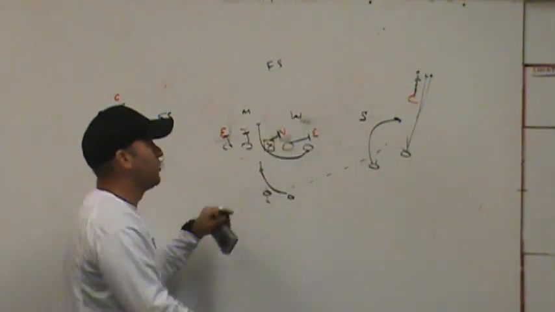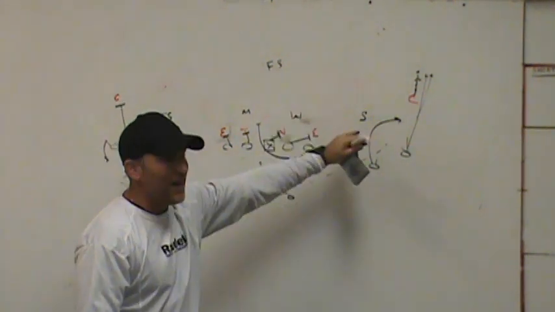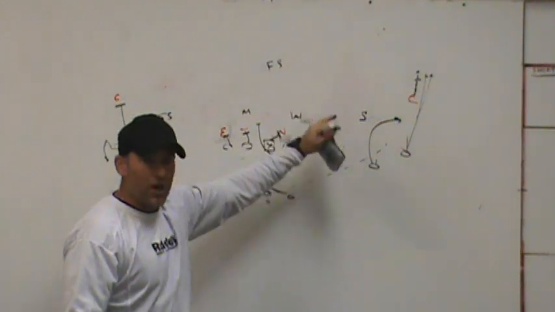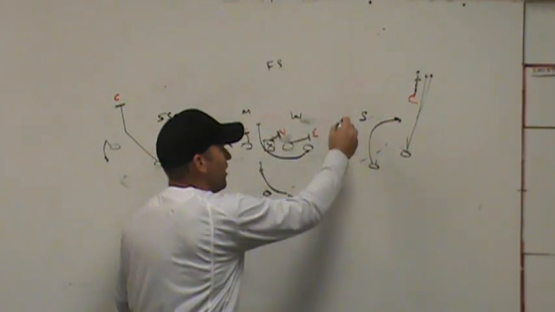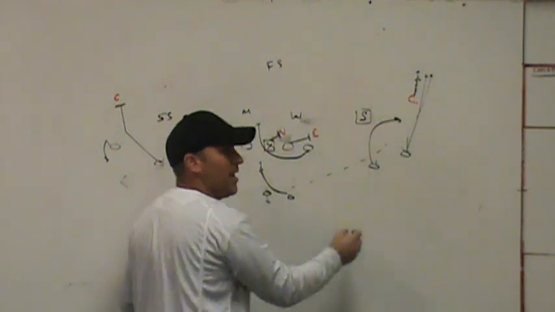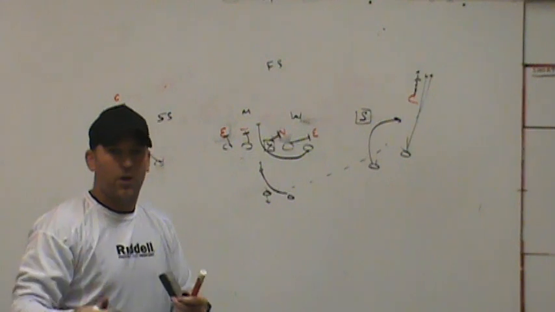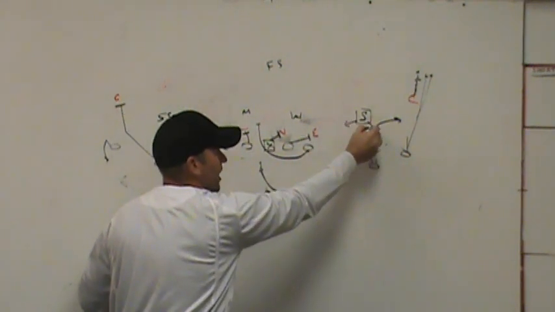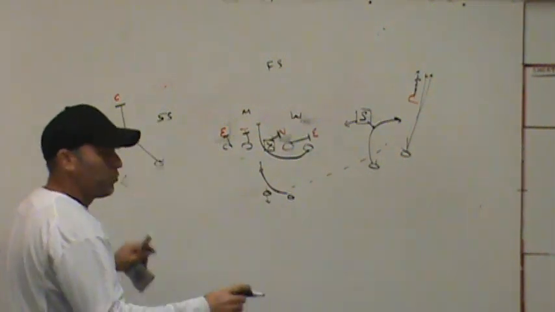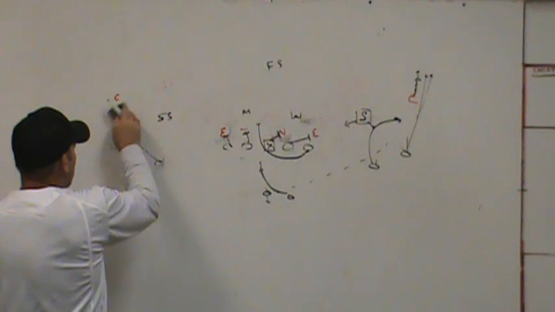If your RPO is being thrown into some type of man coverage, it's just becoming a glorified play-action pass, and now if you're throwing an out route on this guy playing man, it's really not an RPO. To me, it's run-pass option, but it's not a conflict play because this guy had no run conflict. He's just playing man on him. Okay? That's why you may want to have screens or access throws. Okay?